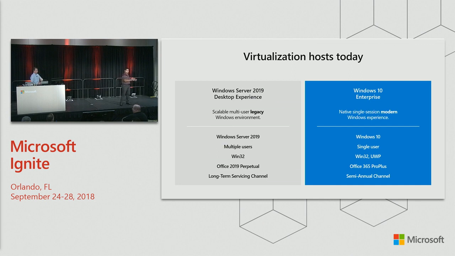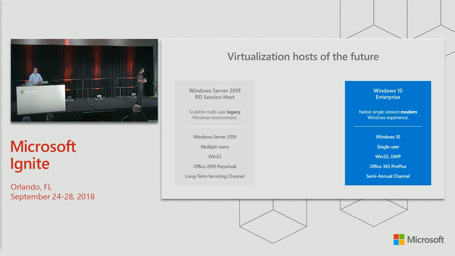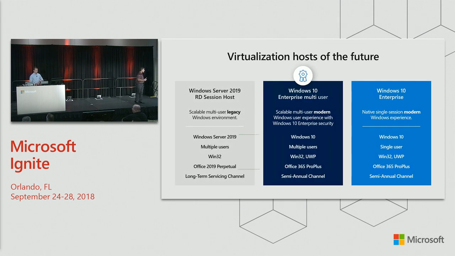So now you had to choose either between the IT admin or the end user to provide good experience at a low cost. And that's where we're bringing in the new multi-session, multi-user Windows 10, right? And the one thing that really stands out there is Office 365 Pro Plus support. In a little bit, I'll talk about what that really means to us and means to all of you, and how we can together go and deliver the best end user experience.